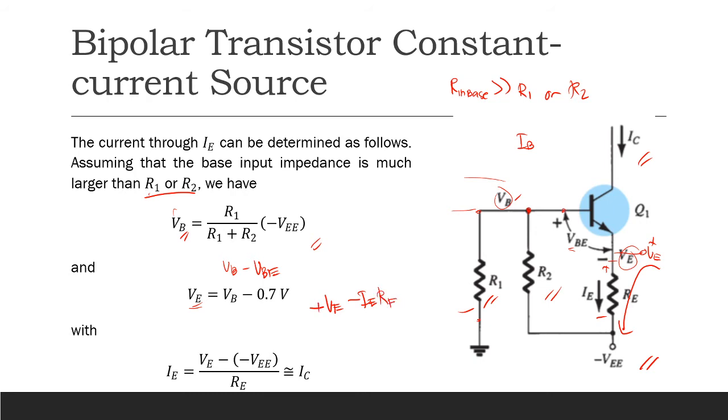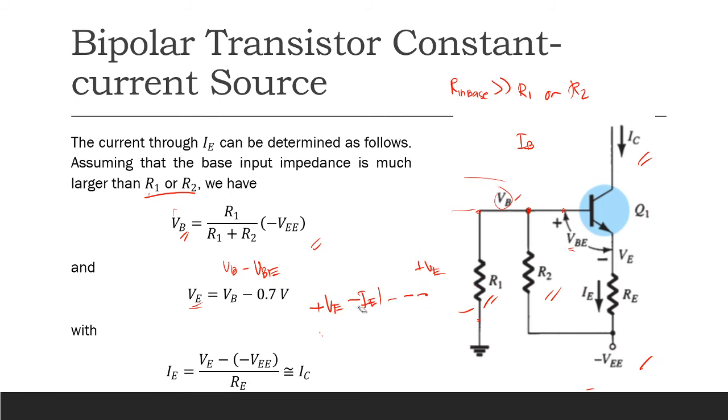IE, tapos RE, tapos lalabas ka sa negative. Minus VEE or simply plus VE kasi kung dun ka lalabas. So equal to 0. Tama ba? Minus din dapat to. Sorry. Okay, ulitin ko itong ano.